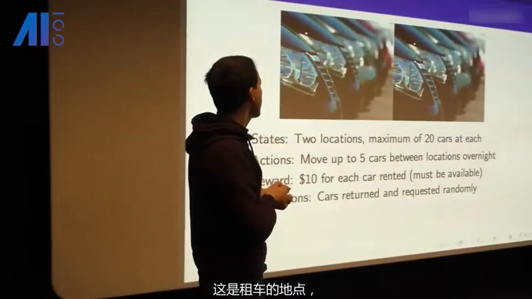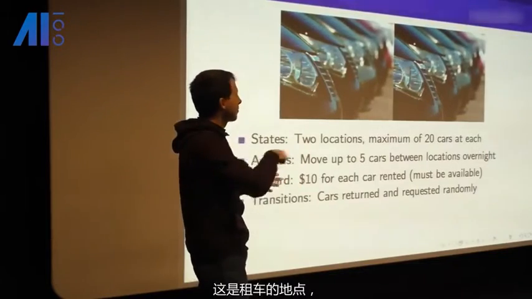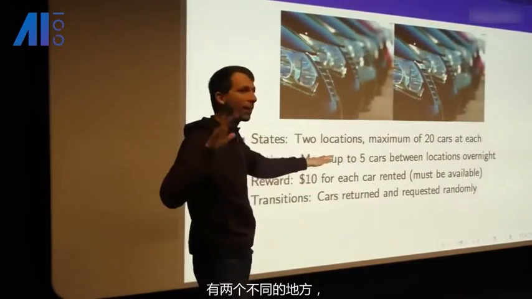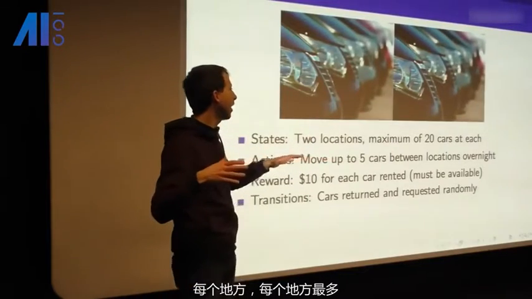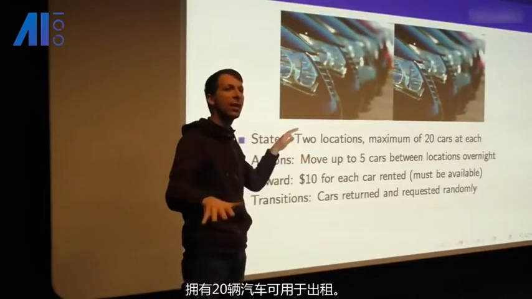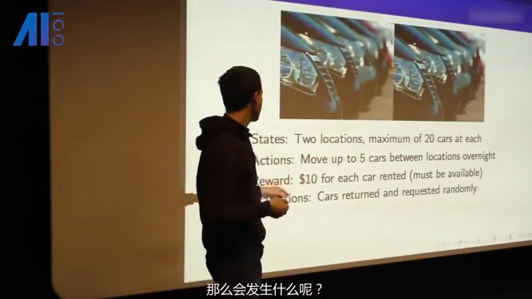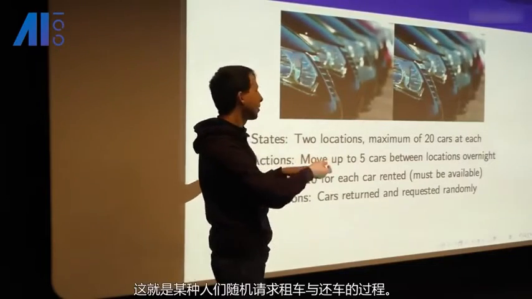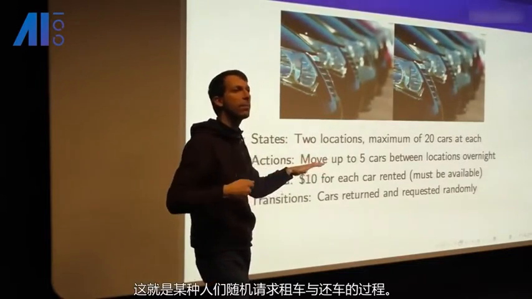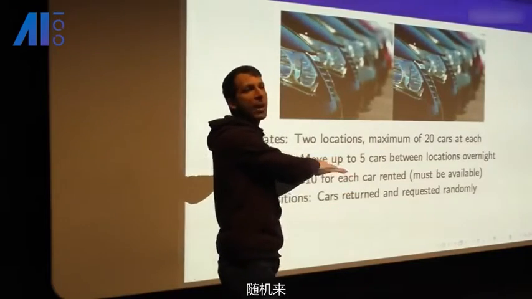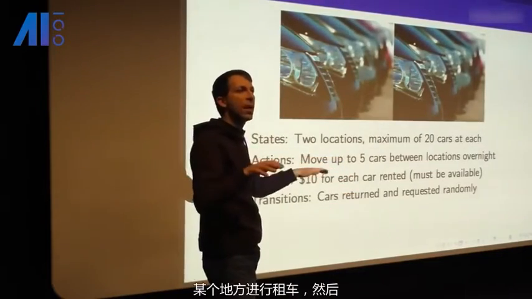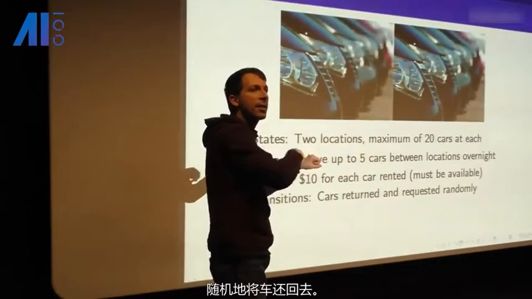Basically, there's this car rental place. It's got two different locations, and cars are rented from each of these two locations. There's a maximum of 20 cars in each location. There's a random request and return process where people randomly come in and rent cars from either location, and randomly return cars to these locations.